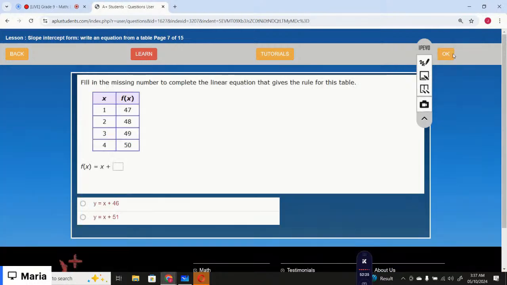The next one is fill in the missing number to complete the linear equation that gives the rule for this table. So, which is the correct option?